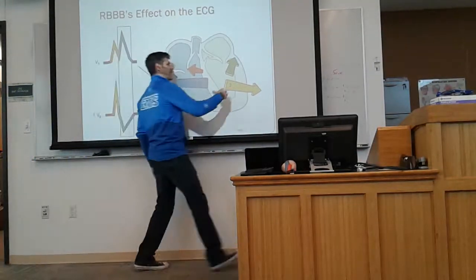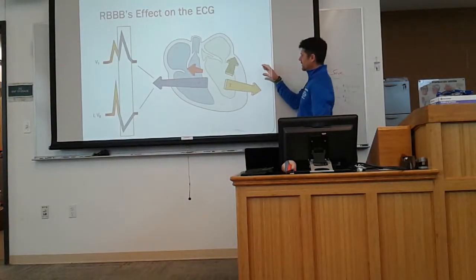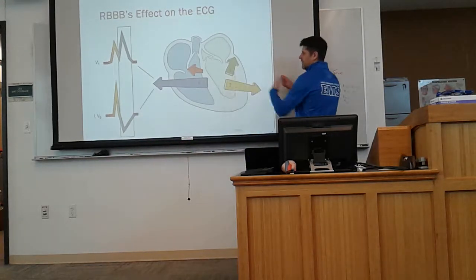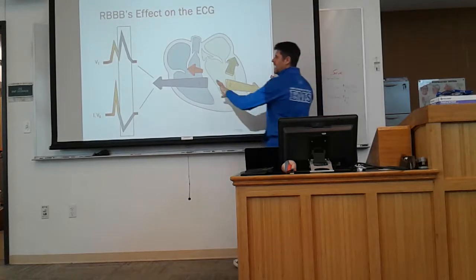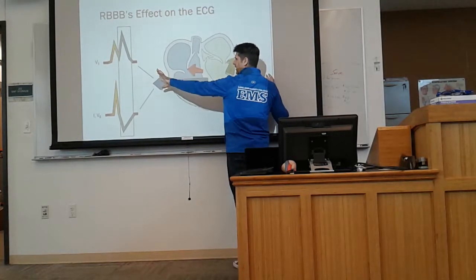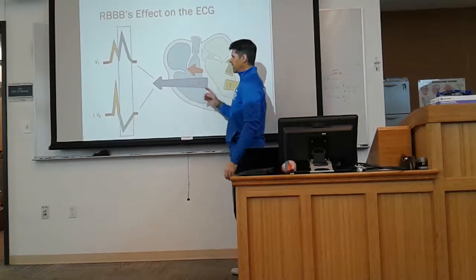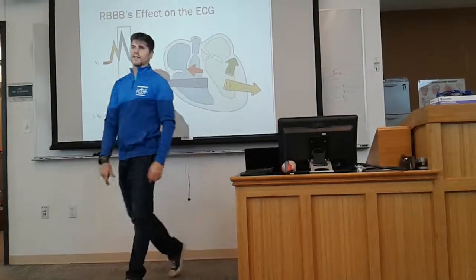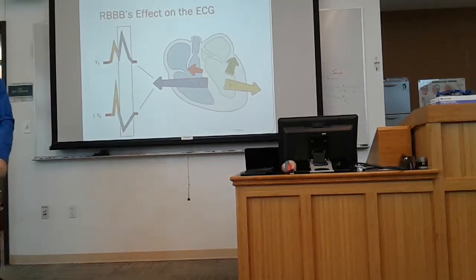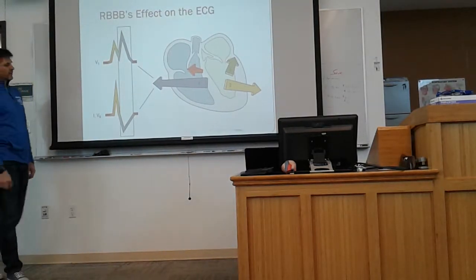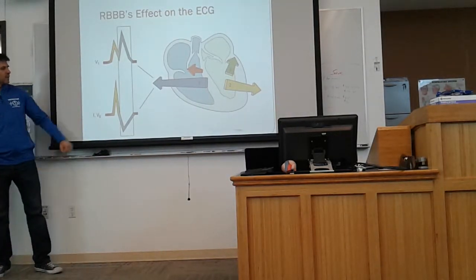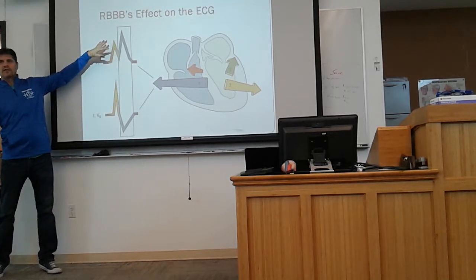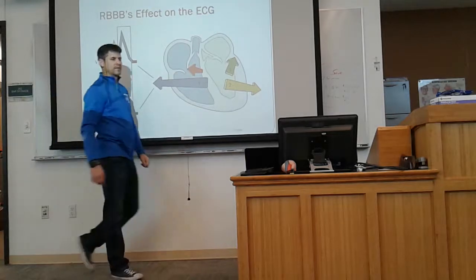In lead 1 and V6, which is hanging out over here, we see a solid R wave like we're supposed to from the left ventricle, and then we start to see the right ventricle firing away from it, so we see a big S wave, and that's where the QRS widens, in that S category for leads 1 and V6. So slurred S waves in V1, lead 1 and V6, and a double depolarization in V1.